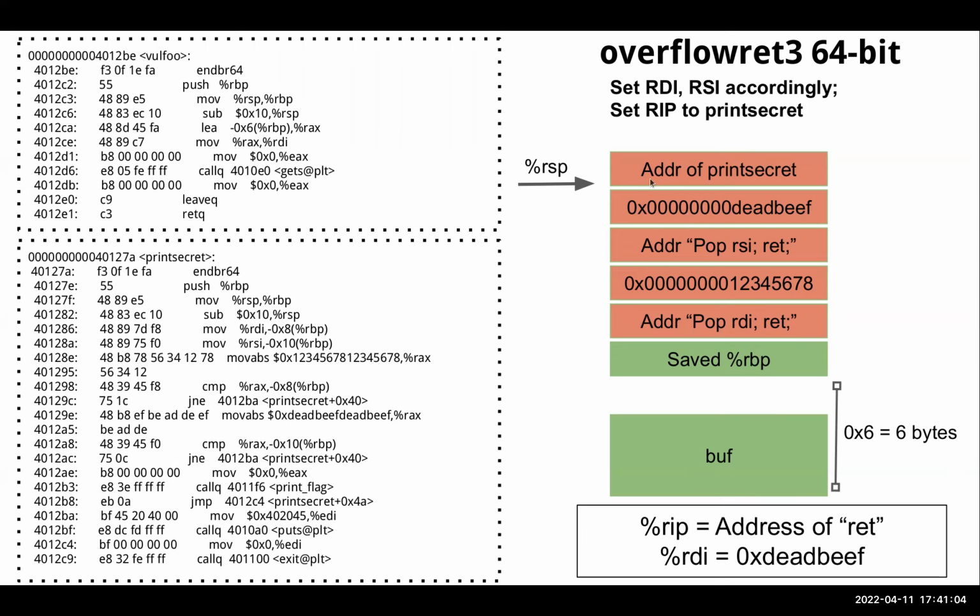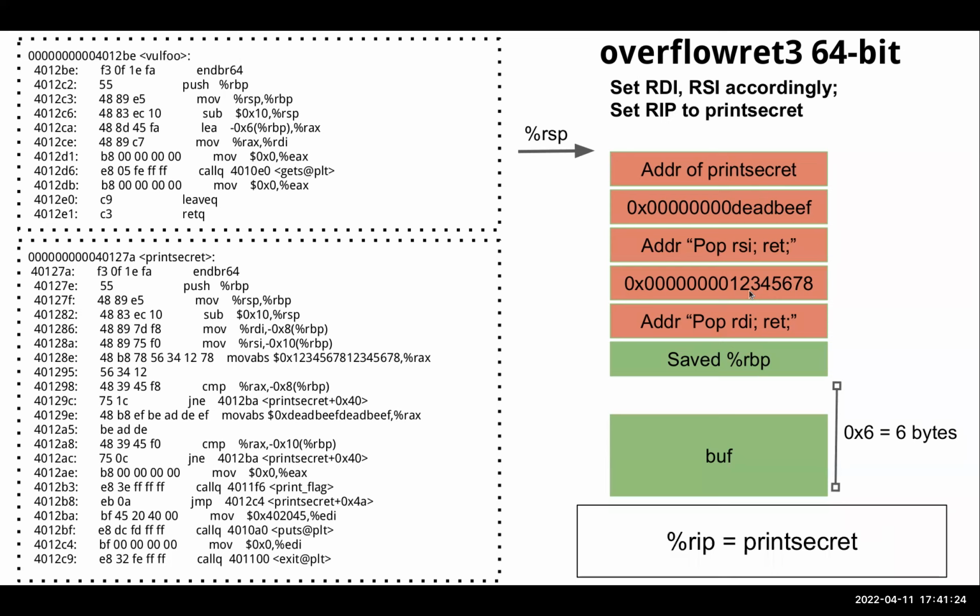And the return will look at the stack. Now we have the address of print secret. So this now is the same as when we return to a function or return to libc. But those 4 items on the stack already helped us to set up RDI and RSI. Now after that, we will return to print secret.